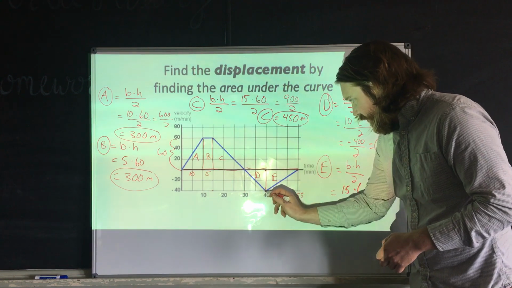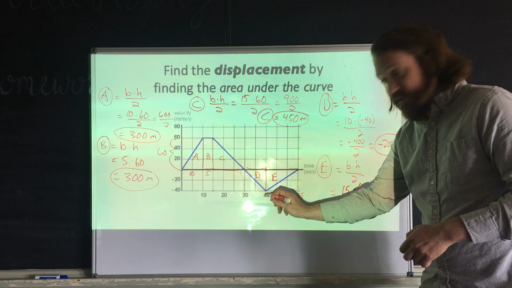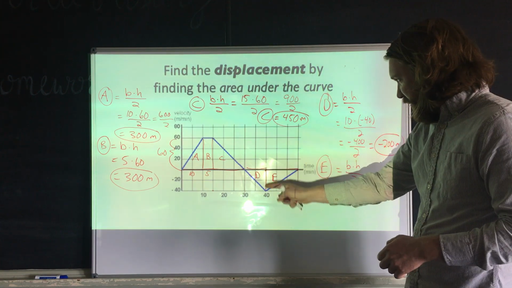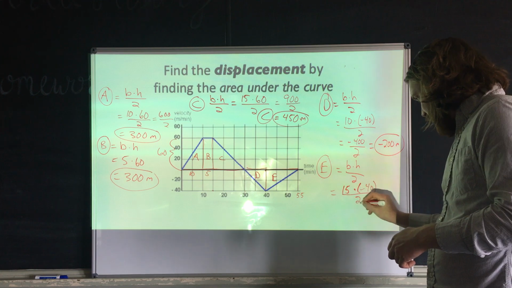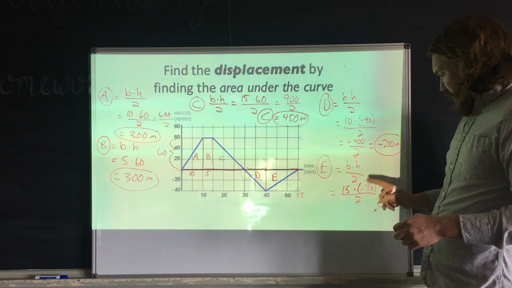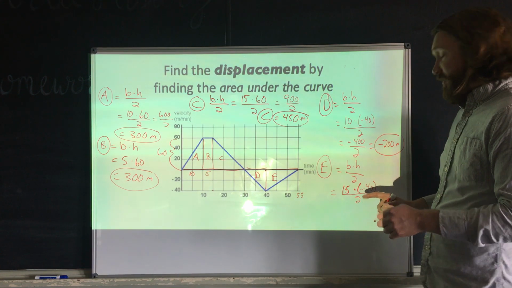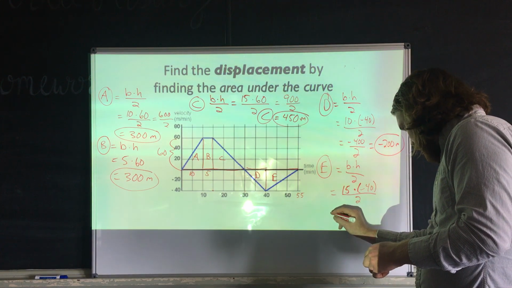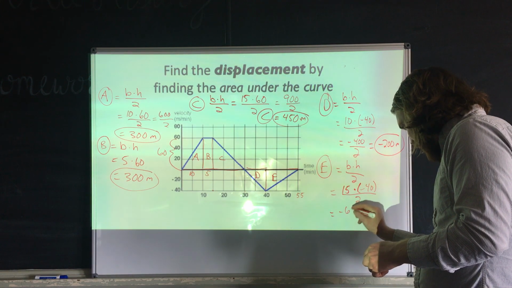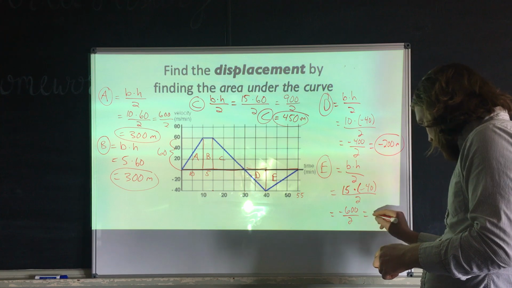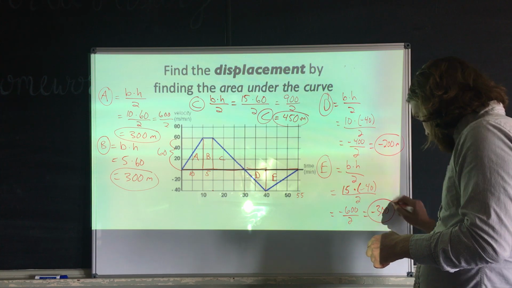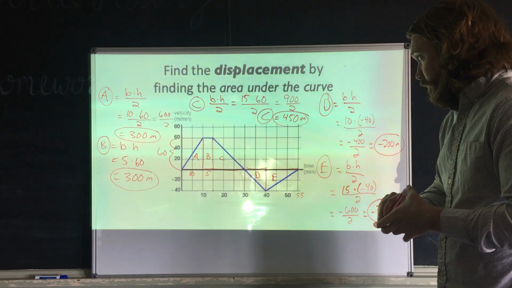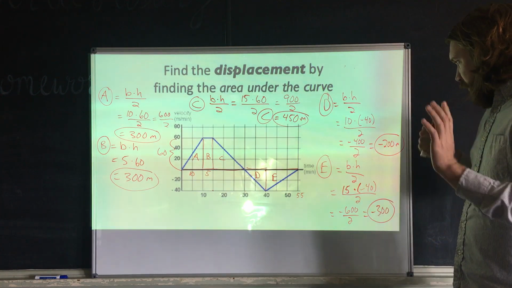And again, our height here goes all the way down to negative 40, going from 0 down, divided by 2. 15 times negative 40 would be negative 600. So this is going to equal negative 600 divided by 2, which will equal negative 300. All right? Beautiful.